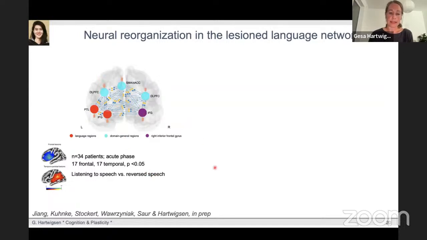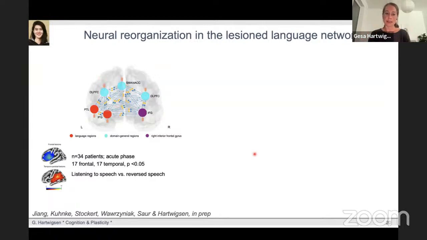Then we put the right IFG as a homologous area into our model, because there's this ongoing debate about the role of the right IFG in language recovery. And we selected 3 what we called domain general areas: right and left dorsolateral prefrontal cortex, and this midline structure in the SMA and underlying cingulum.